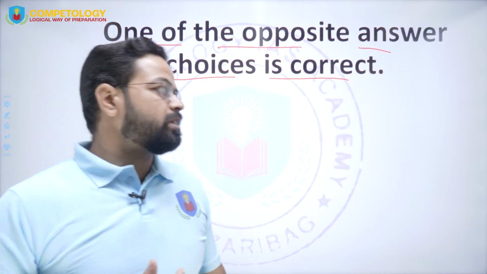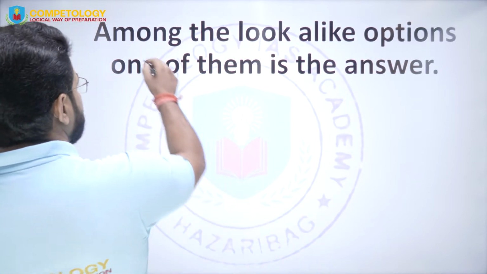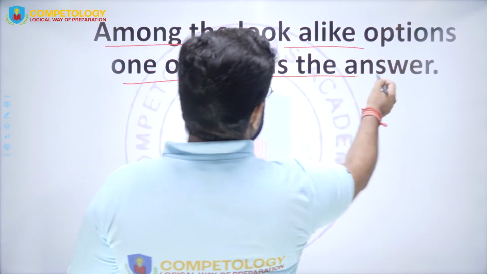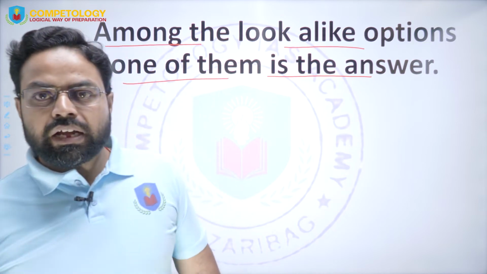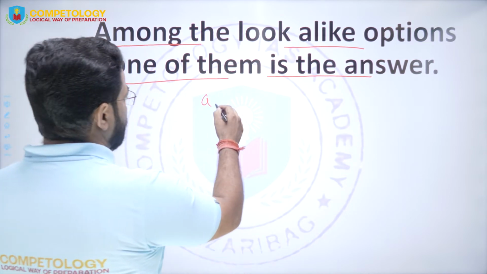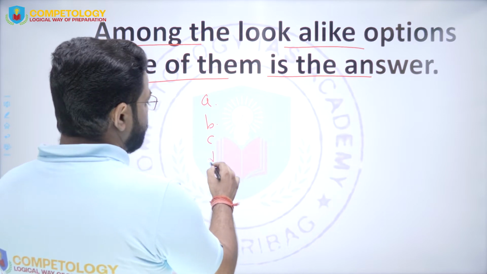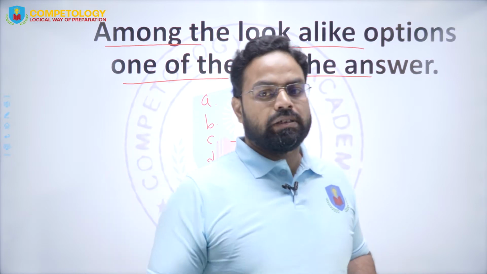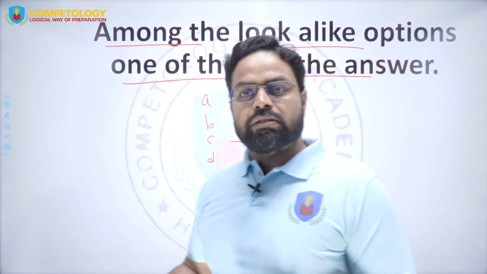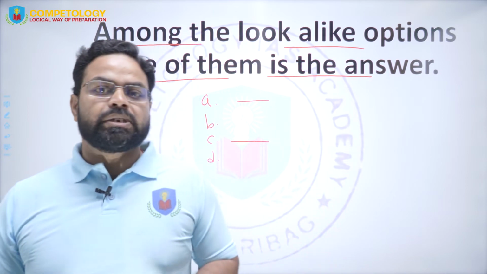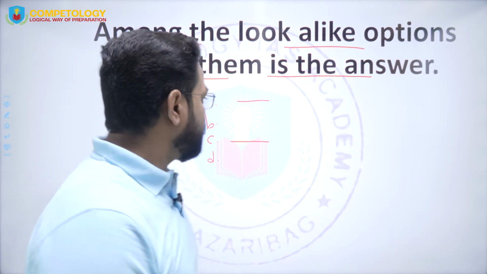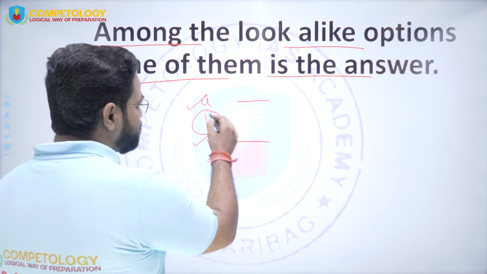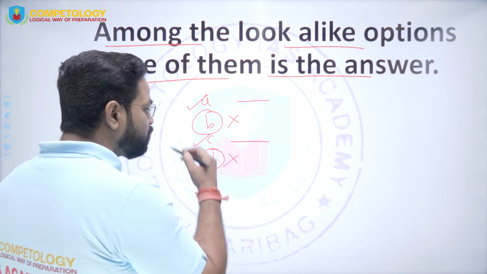Second one is: among the look-alike options, one of the options is the correct answer. Again, out of 4 options, you will find that 2 of the statements are more or less similar, they look alike, and here again the motive of the paper setter is to confuse you, so that you will be confused whether this is the correct answer or that is the correct answer, because you are in a better position to negate the rest of the 2 options.